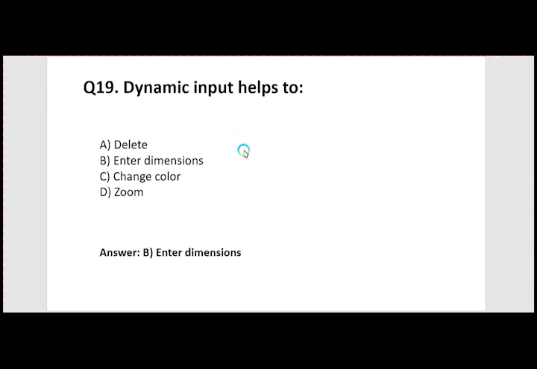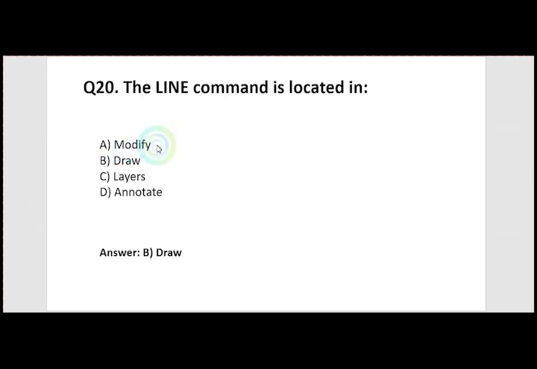Dynamic input helps to A. Delete, B. Enter dimension, C. Change color, D. Zoom. Answer B, enter dimension. Question number 20. The line command is located in A. Modify, B. Draw, C. Layers, D. Annotate. Answer B, Draw.